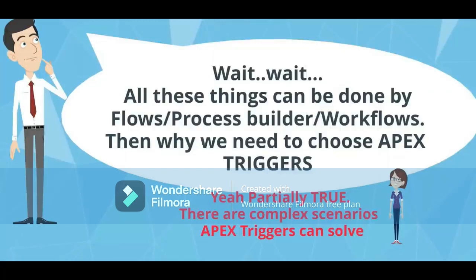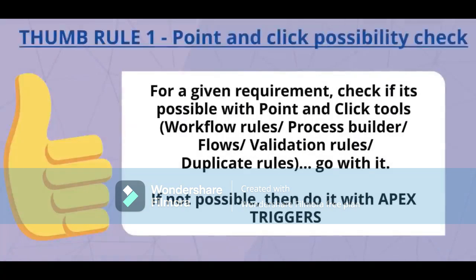So the conclusion here is we will create a thumb rule. If a given requirement can be done by point and click tools, in the sense the automation tools provided by Salesforce, whether it can be workflow rules, process builders, flows, validation rules, duplicate rules, etc., just go for that. Do it with that particular automation tool.